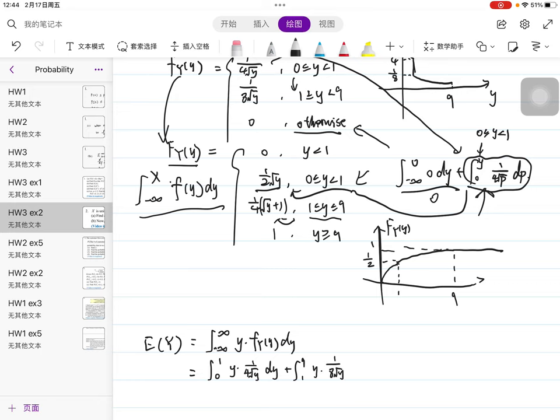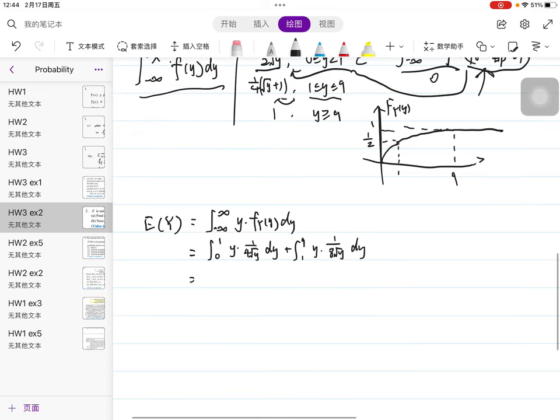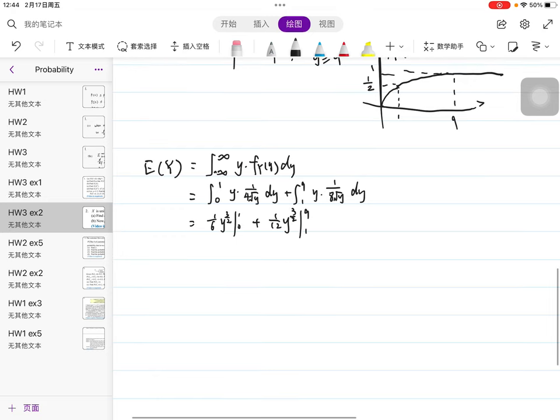This is a piecewise integral. So we just calculate. This is really simple. And the answer is 7/3. That's it. Thank you.